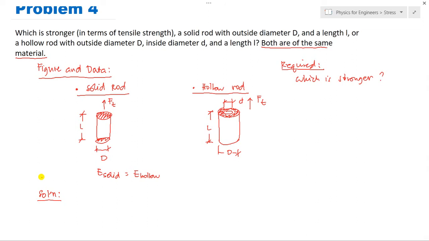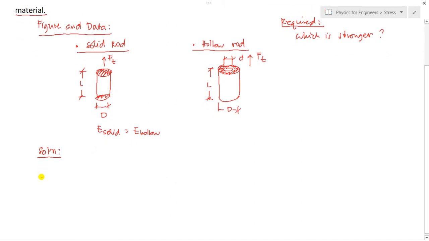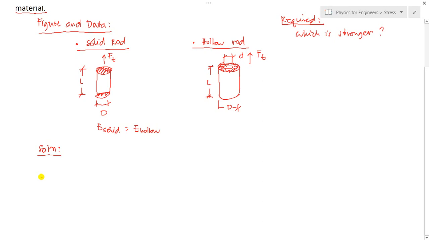Just your intuition. Solid, maybe. Okay, solid rod. Okay, let's try to find out by using the tensile strength criteria. So by tensile strength, we start with the solid.